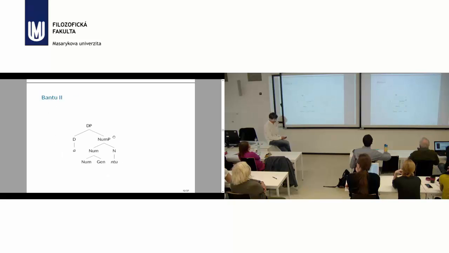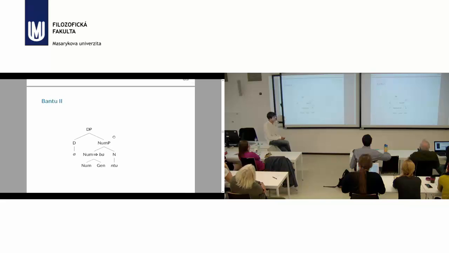So there's the general picture you can draw by looking at Bantu from the perspective of the structures we've been looking at: you have the initial vowel, sitting somewhere high up in D, and then you have the number and gender complex realized by a so-called portmanteau marker. Okay, a portmanteau marker is a morpheme that expresses more than a single category.